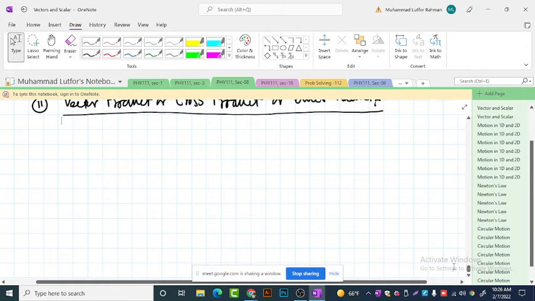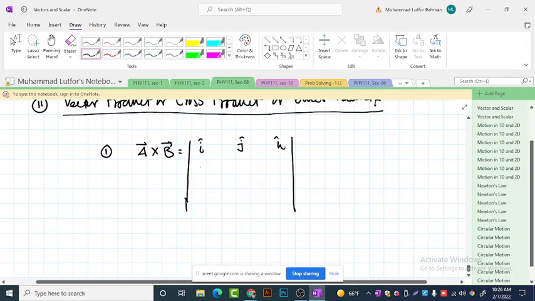First one is the determinant method, which we write, say, A cross B is equal to the determinant with rows i j k, then ax, ay, az, the coefficients of that vector, and bx, by, bz.